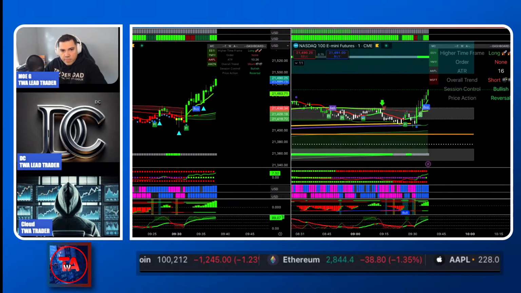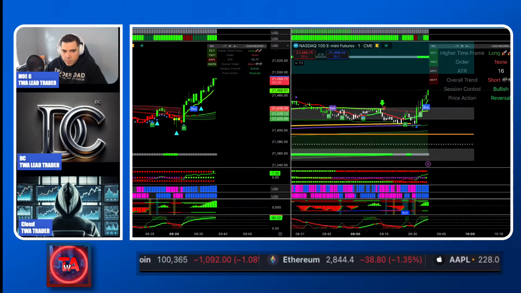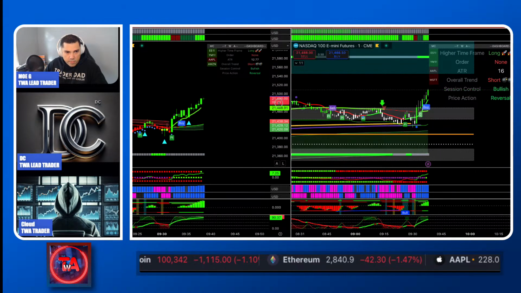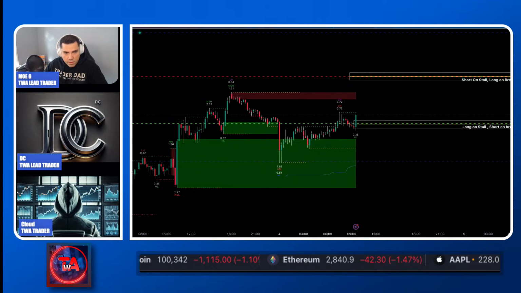Oh wow. All right. I'm moving my stops up on some of these micros. I don't have much left, but I just want to go ahead and secure some. Man, I love it when a game plan comes together.